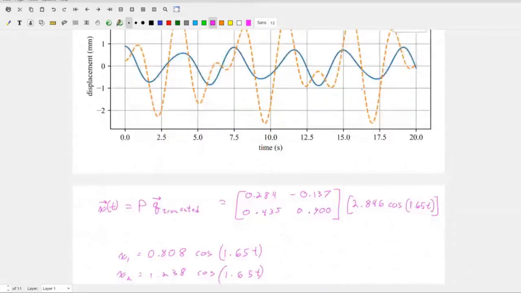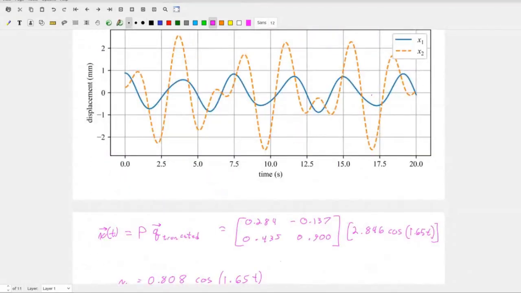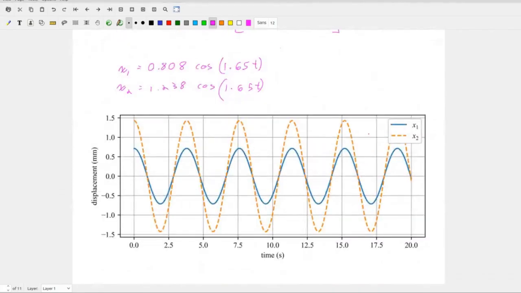Before it was going up to like 2.5, and now it's going up to like 1.5. But they're mostly in phase. And actually, you can kind of see how when you get rid of the second mode, this truncation of the signal is just an addition of the second mode. The first mode here is kind of counteracting. That's why we have a lower value. But it's generally a simplified approach.